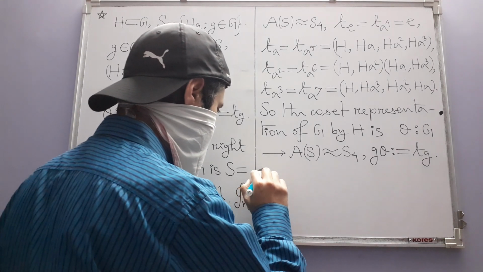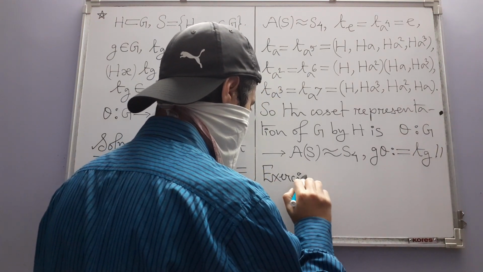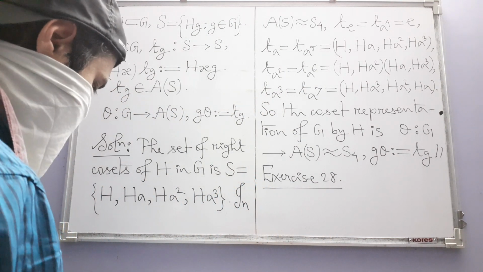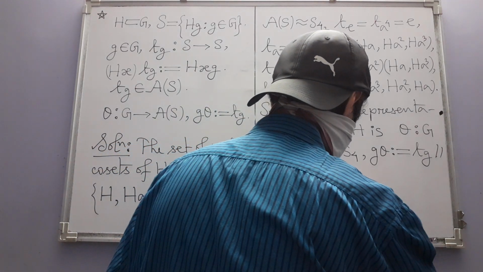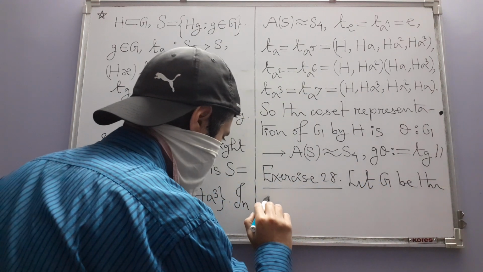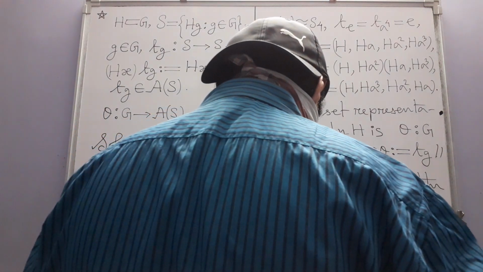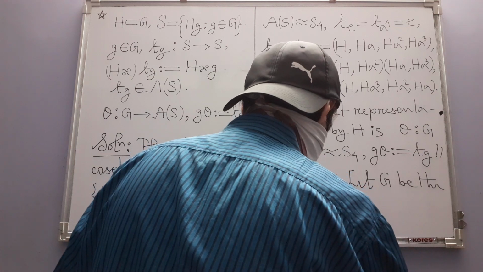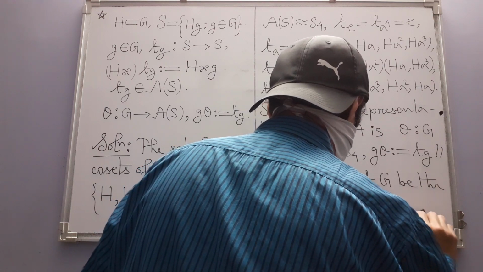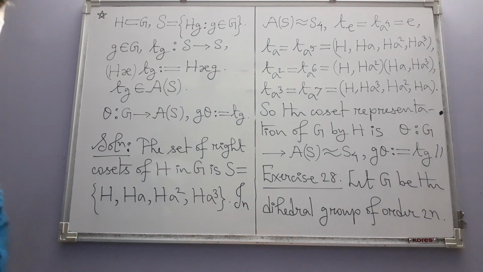Next, let G be the dihedral group of order 2n, where we know that n is a positive integer greater than 2.